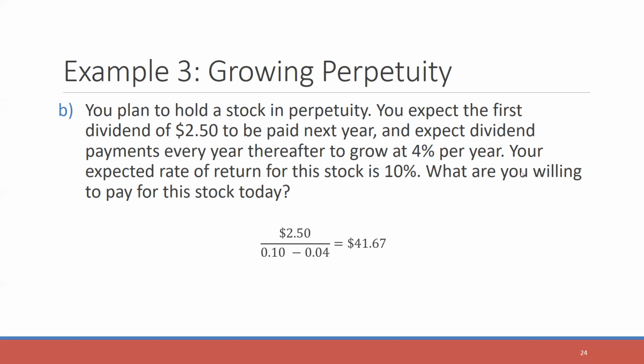As an investor, you're going to take that growth rate and scale it down if you expect the company to have a smaller dividend. The second thing that I hope is clear is that the $2.50 has a pretty large value. Why? Because it's perpetual. So whenever you have something perpetual, even that small number can become quite large.